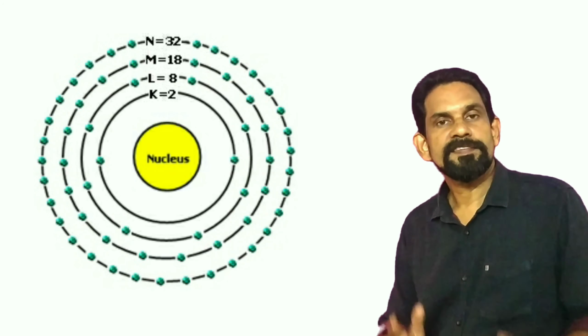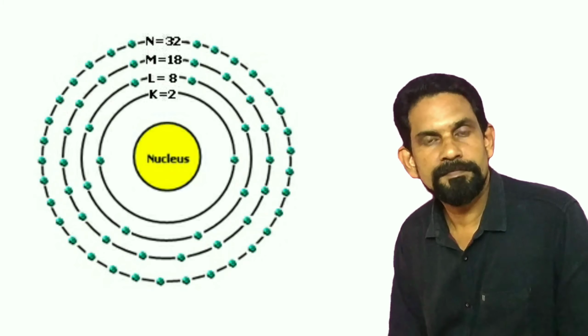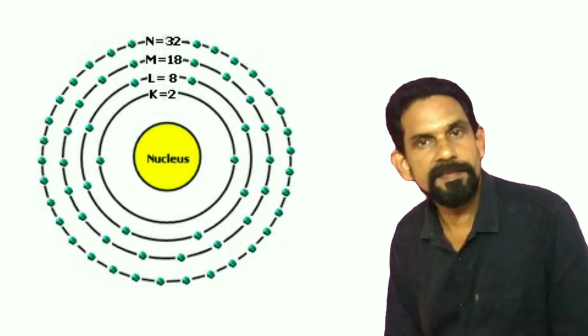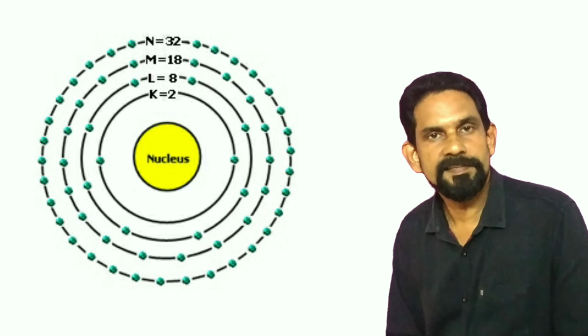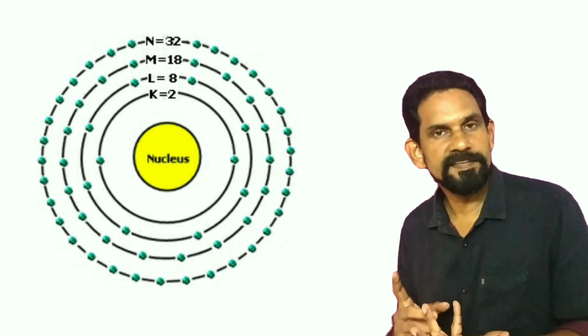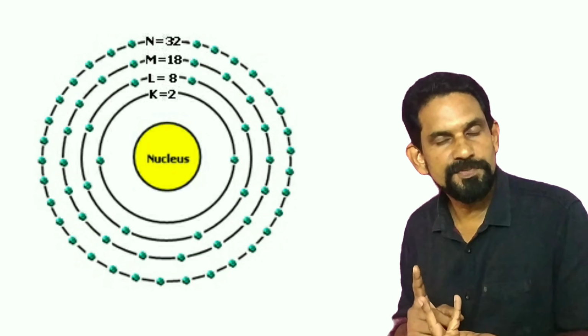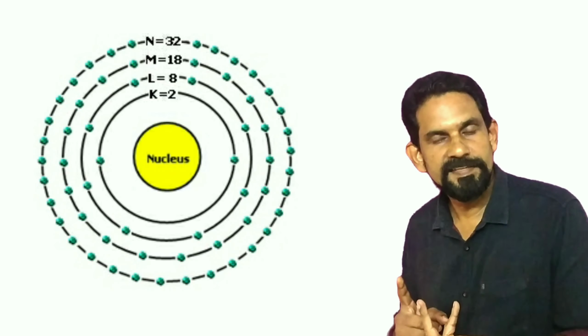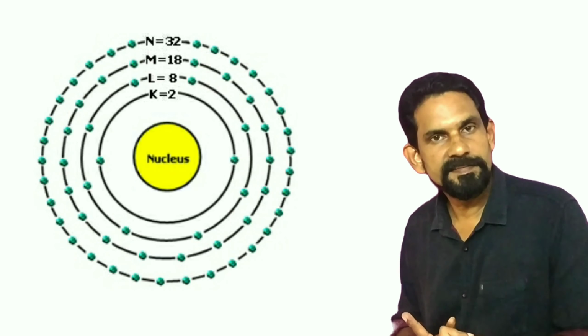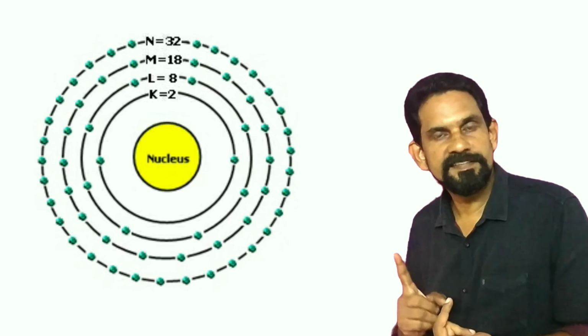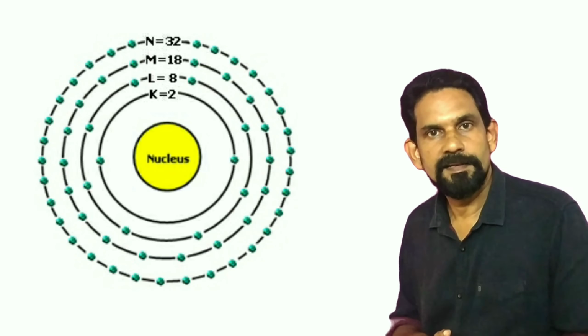Then, what is the maximum number of electrons that can be accommodated in these shells? That also you know. The first shell is K shell. It has a maximum of 2 electrons. The second shell is L shell. It contains 8 electrons. The third shell is M shell.